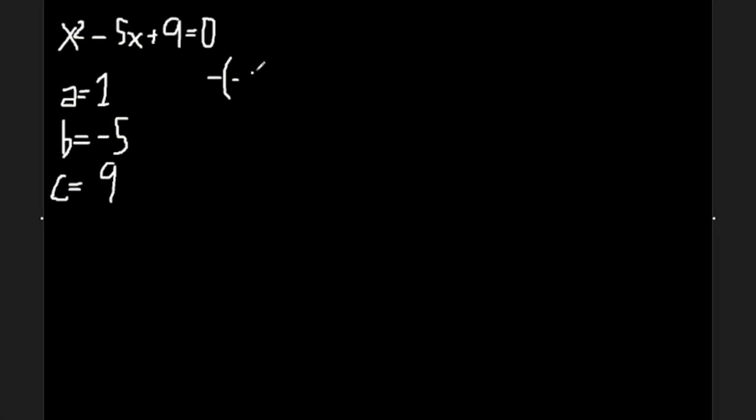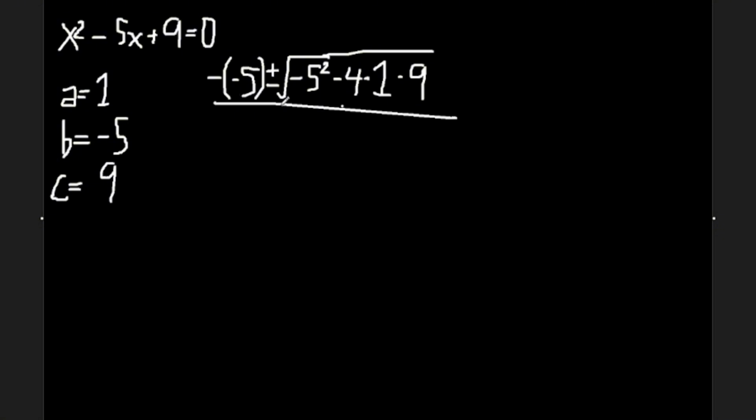So it's negative negative 5 plus or minus the square root of negative 5 squared minus 4 times a, it's 1, times 9, over 2 times 1.